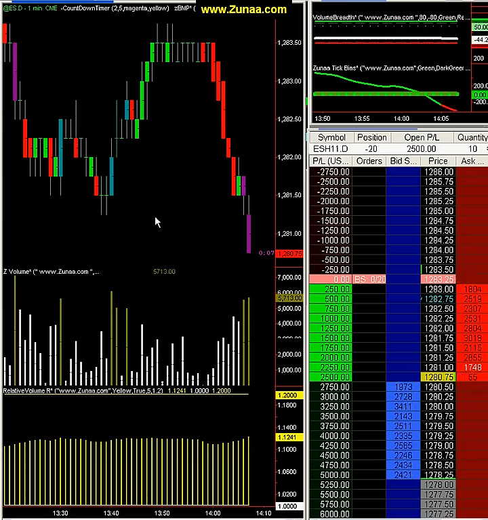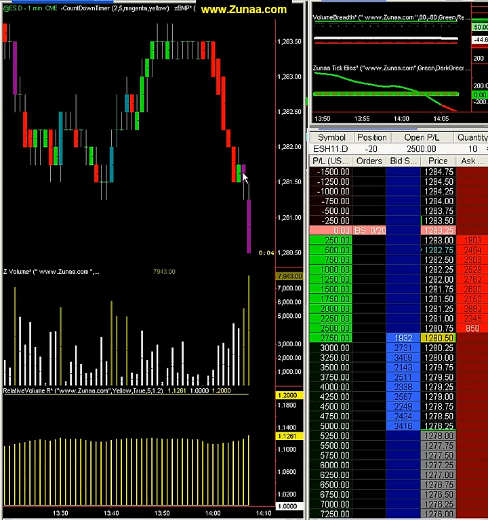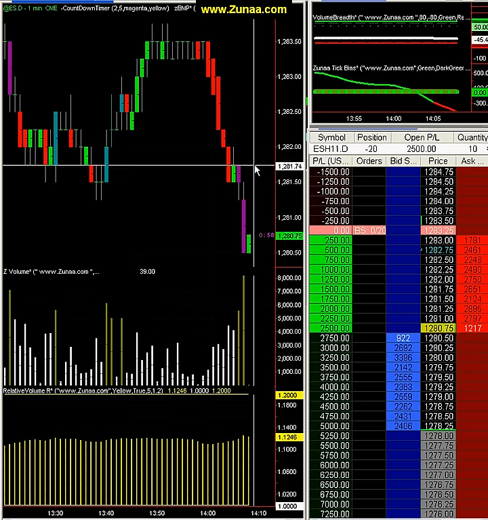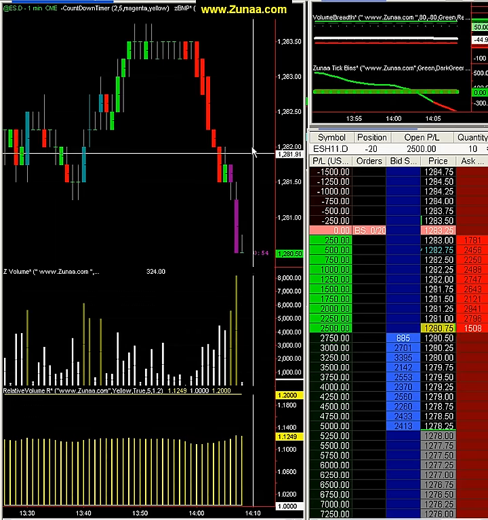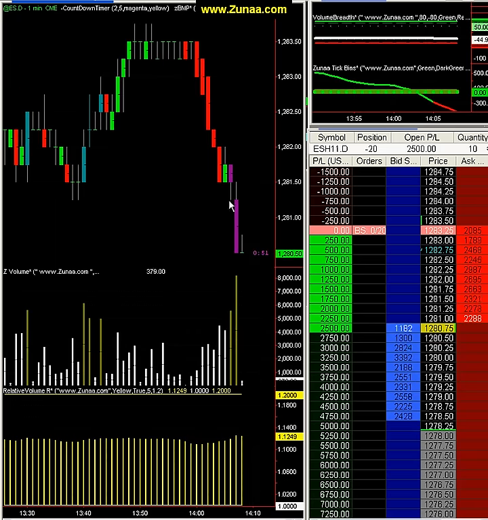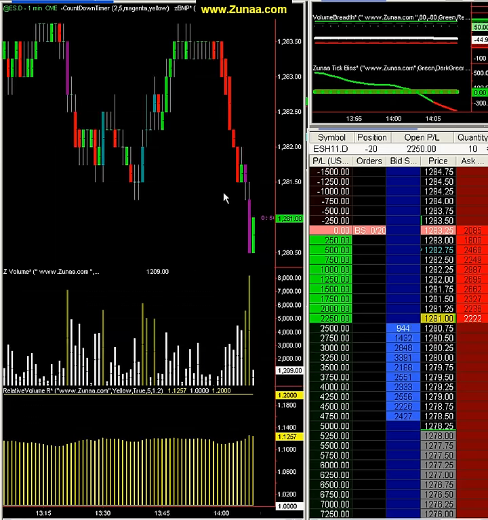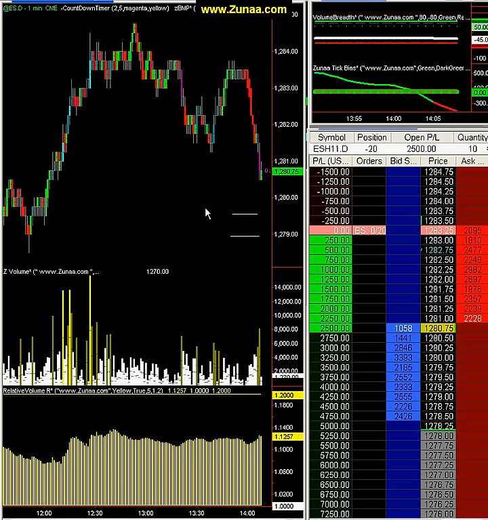So here we go. We saw some heavy volume come in, but buyers couldn't close price above this area here, and we finally pushed through this low. Now that we pushed through that low, there shouldn't be any reason why we could not capture this second profit target.